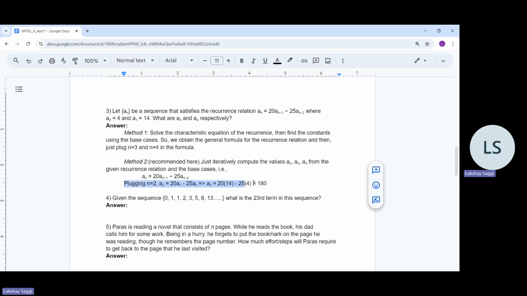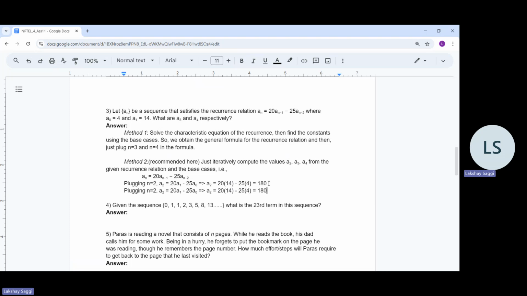And now, since we have calculated the value of A2, using A2 and A1 we can calculate the value of A3 also. So plugging now n equals to 3, we get A3 equals 20 A2 minus 25 A1. A2 we obtained to be 180, so 20 times 180 minus 25 times A1, and A1 was 14.